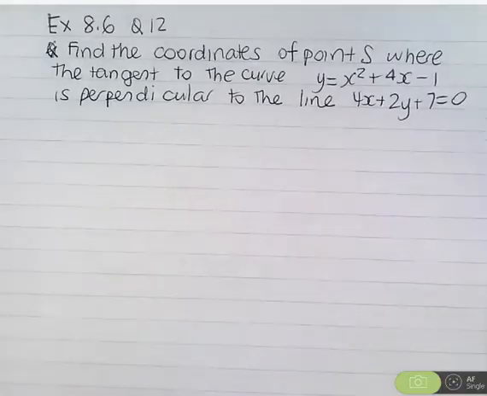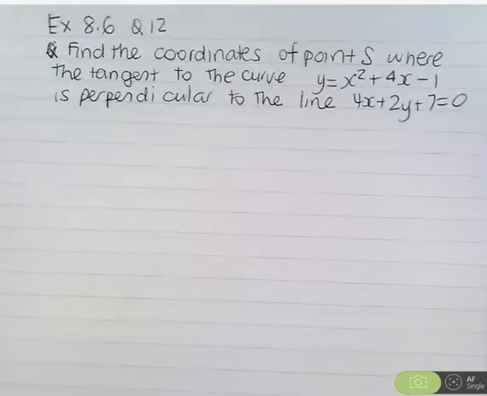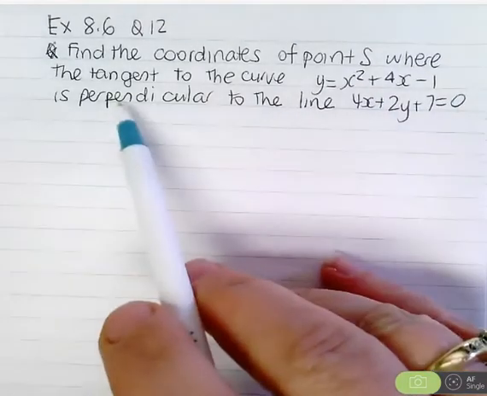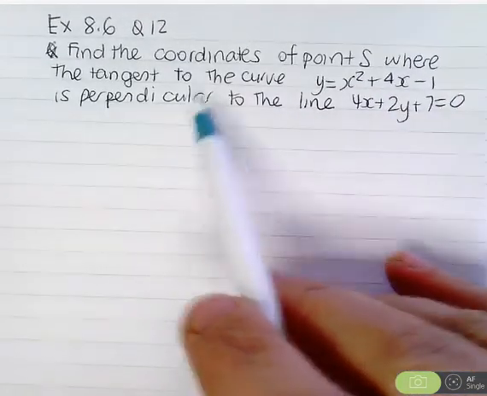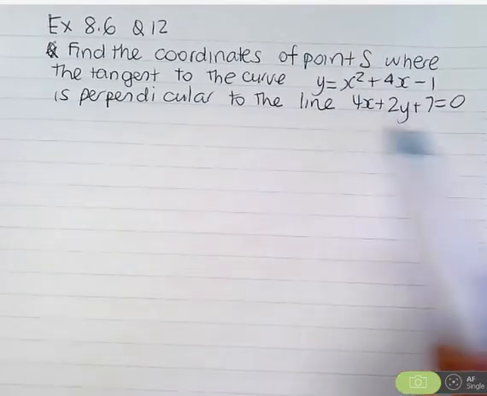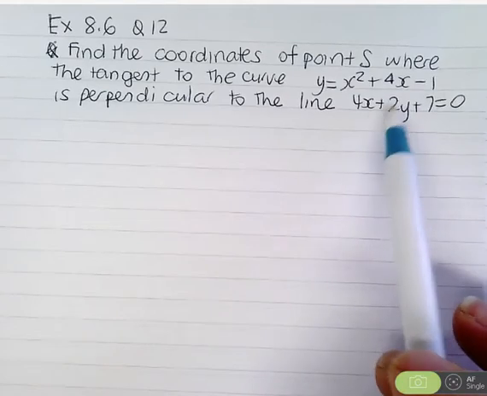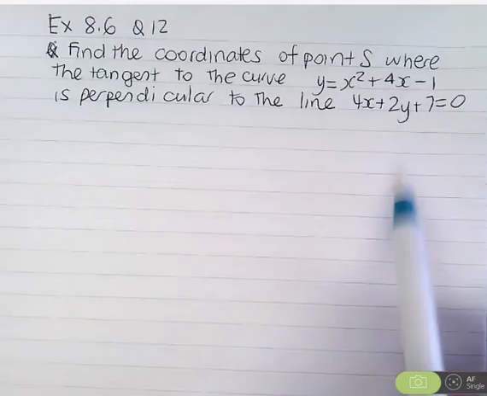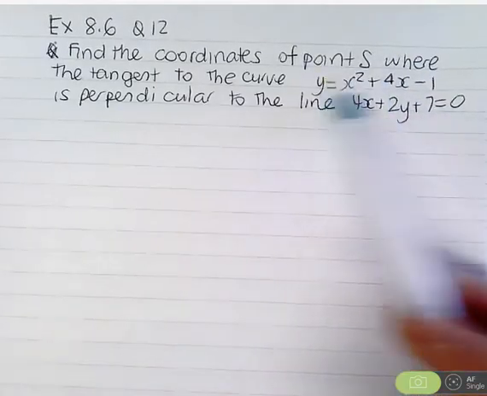Now, one more question, exercise 8.6, question 12. Find the coordinates of point S where the tangent to this curve is perpendicular to this line. Okay? So you can either start by working with this line and finding its gradient and the gradient of a line perpendicular to that, or you can differentiate this.